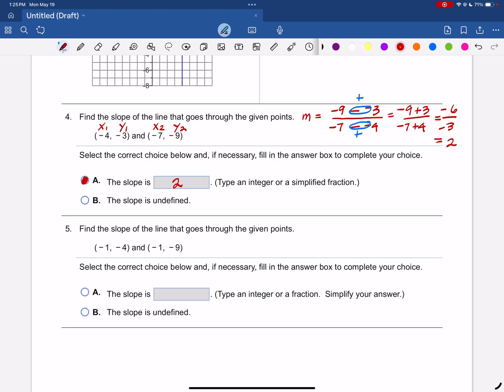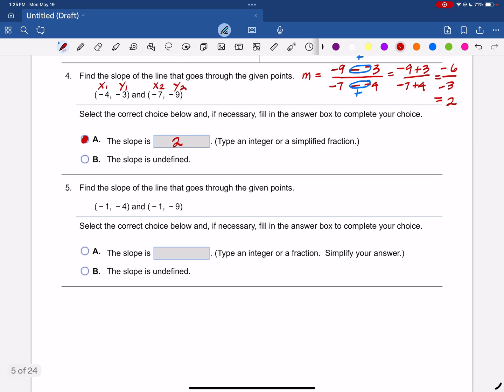Example 5. Find the slope of the line through these points. So again, I'm going to do my slope formula. I'm going to draw my fraction with my two minus signs. I'm going to take my second y, negative 9, minus my first y, negative 4. There's that double negative again, so that's going to be a plus.